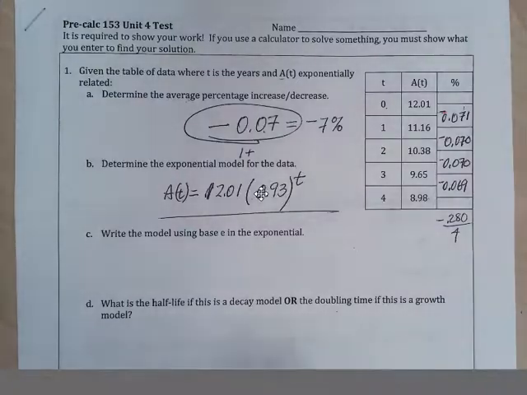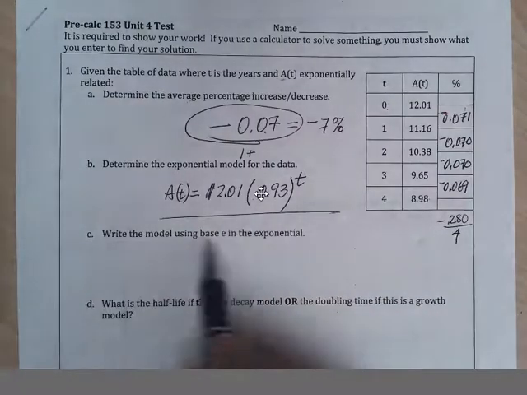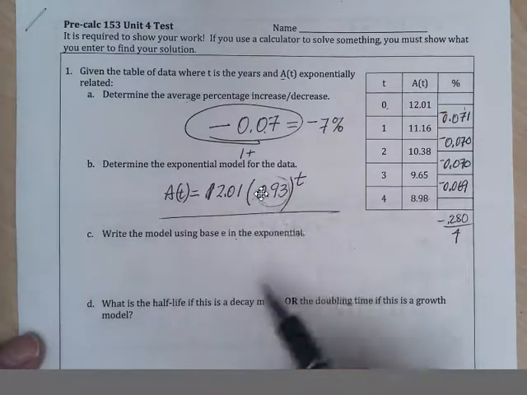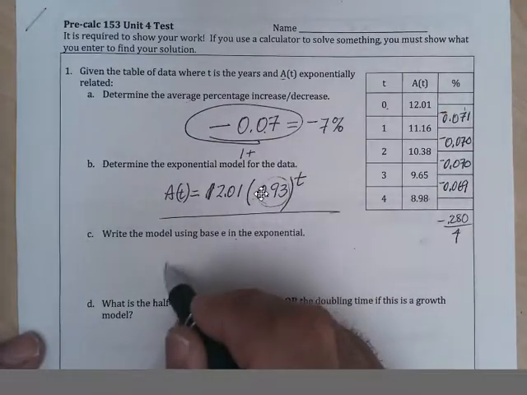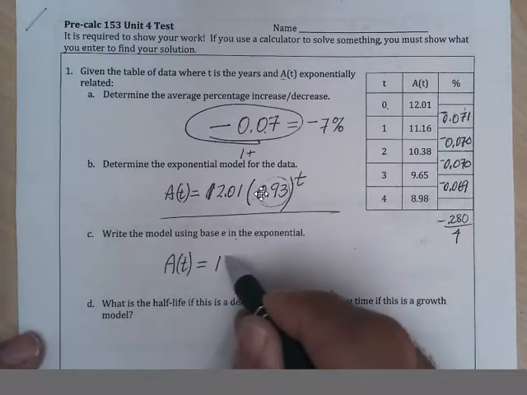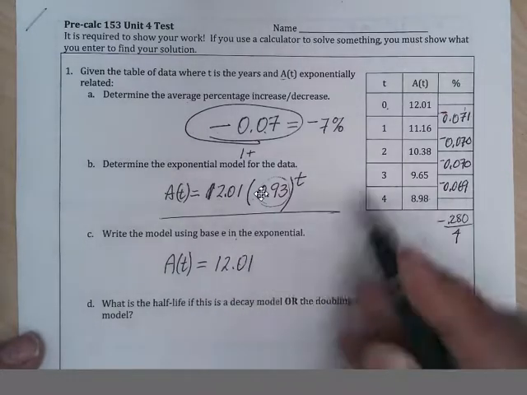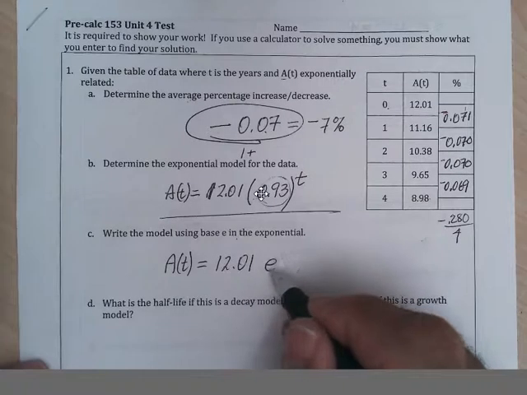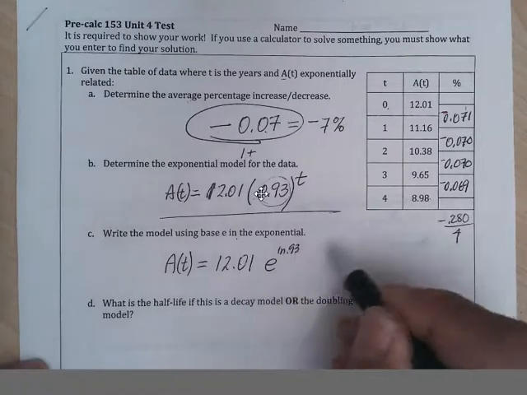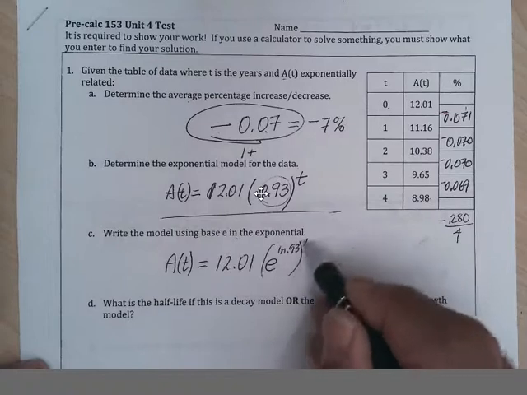Now, after we've got that, if we're going to write this in a base E model, that just means we need to change this to a number that's base E. So it'll look very much the same, 12.01, but we're going to write this as e to the ln 0.93 to the t.